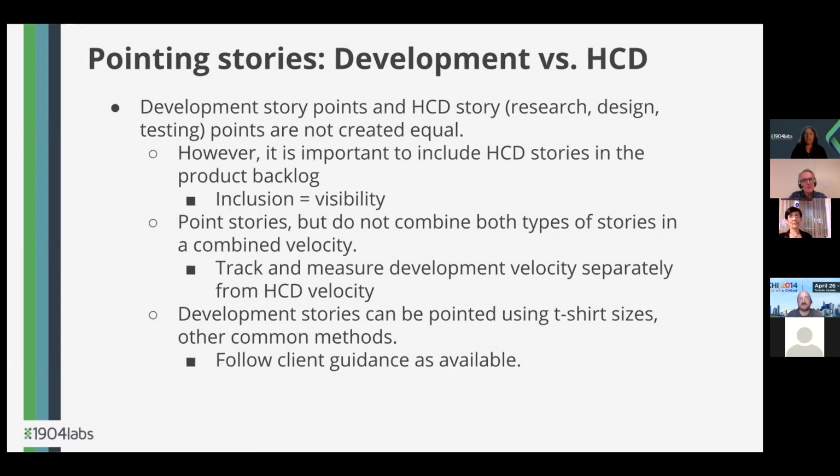because they're not created equal, we definitely want HCD stories in the backlog. If they're not in the backlog, they're not visible and they can be ignored. So we point all the stories, but we don't combine the stories when we're counting velocity. Other teams are trying things like pointing the stories on the HCD side, or actually putting zero-point stories but keeping them in the backlog.